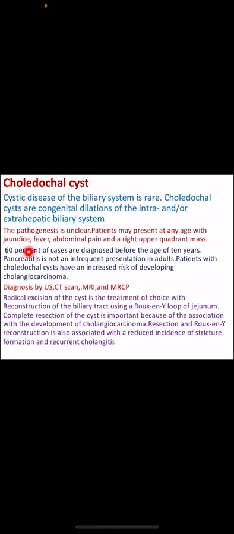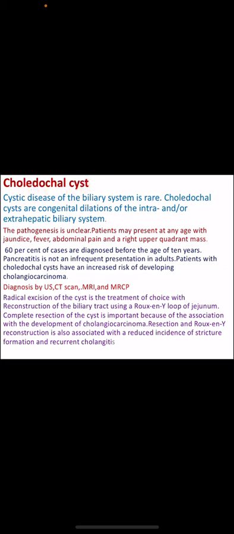That's why any choledochal cyst should be excised, because choledochal cyst is a precursor for cholangiocarcinoma. A predisposing factor for cholangiocarcinoma in children is the choledochal cyst. So any choledochal cyst should be excised.